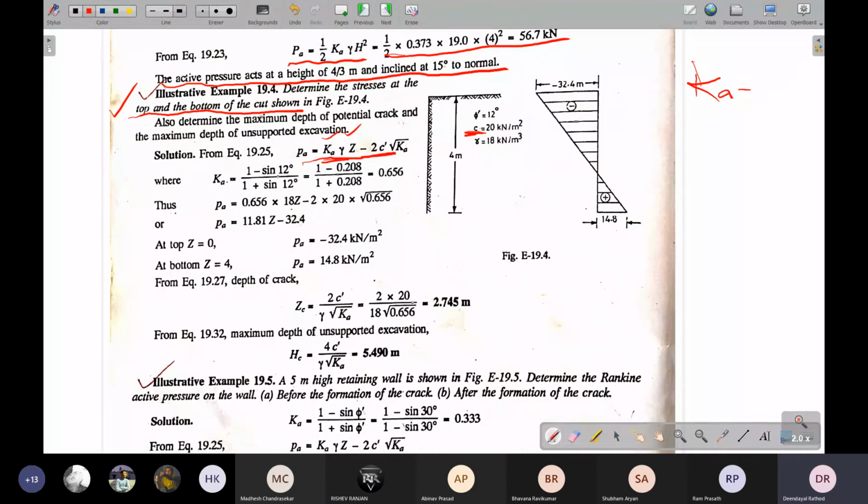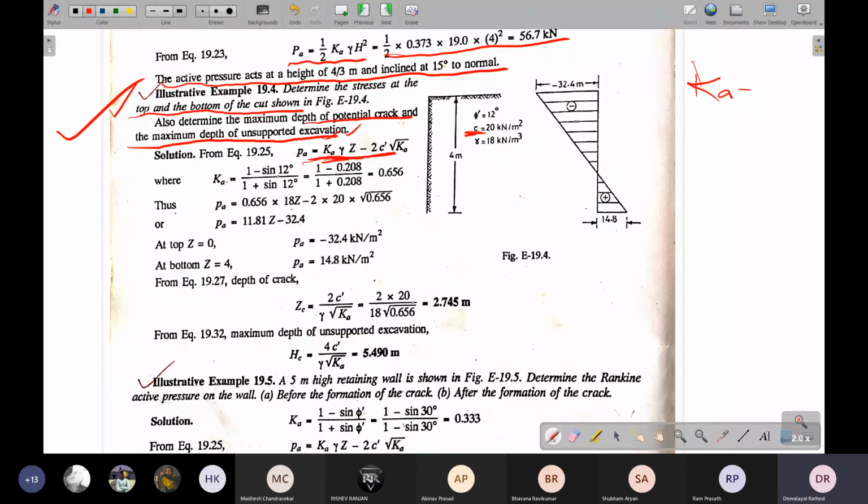And we also determine the maximum depth of potential crack and the maximum depth of unsupported excavation. We already saw this in the last class. Okay, you recall this formula?